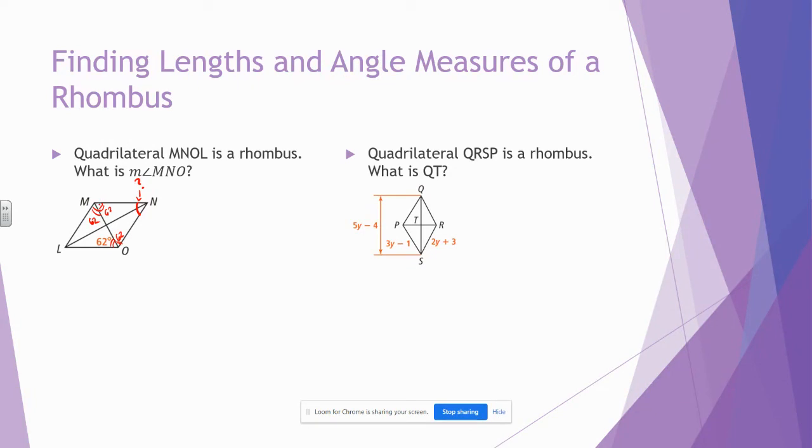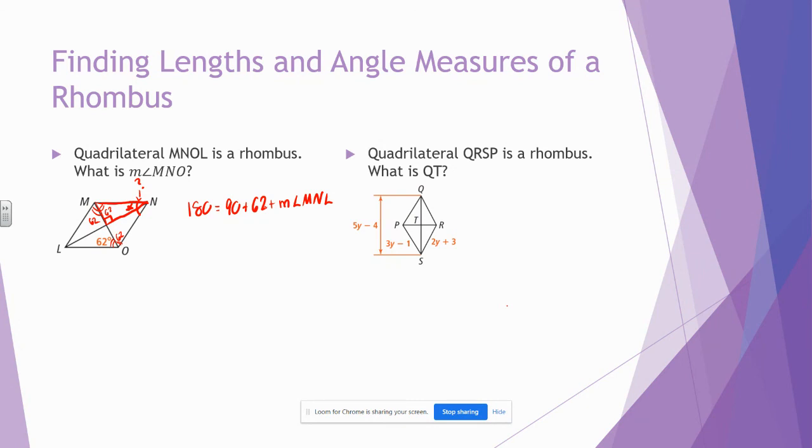So let's start by just looking at this triangle right here. We know that this is 90 degrees. So if we want to find just this little chunk of the triangle, we can take 180 is equal to 90 plus 62 plus this would be the measure of angle MNL.